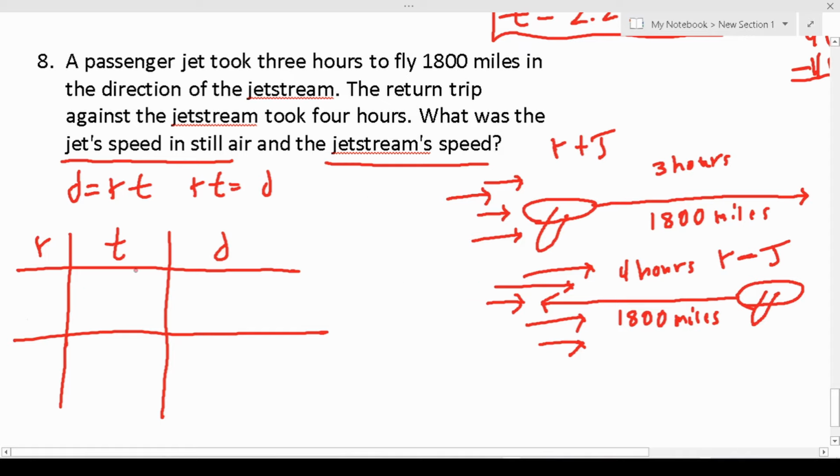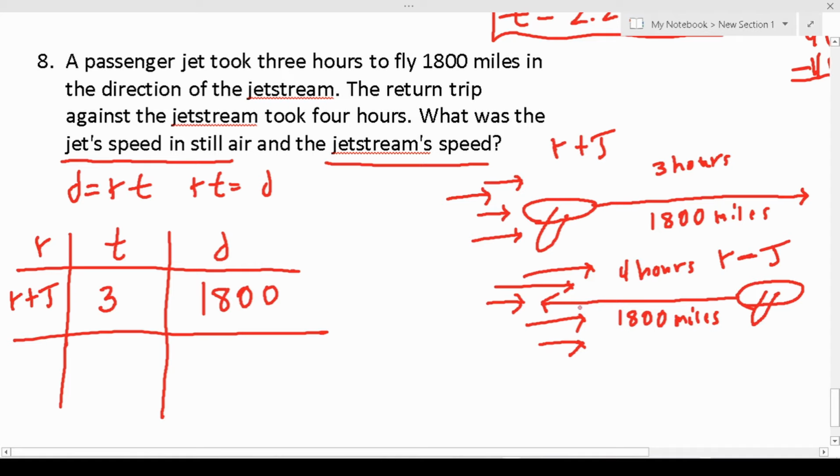With the jet stream, we know the plane took 3 hours, so our time is 3 to go 1,800 miles. And similarly, we represented its rate as r plus j. That is, the jet stream was speeding the rate of this plane up.